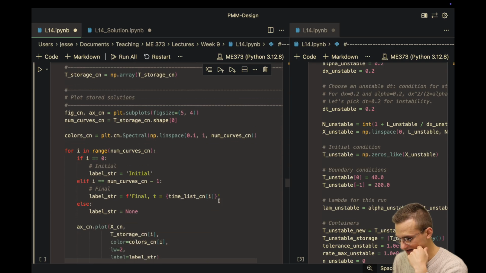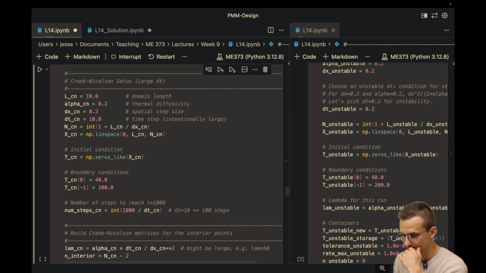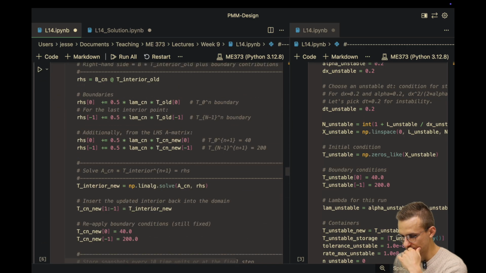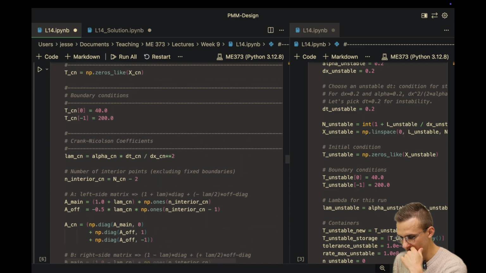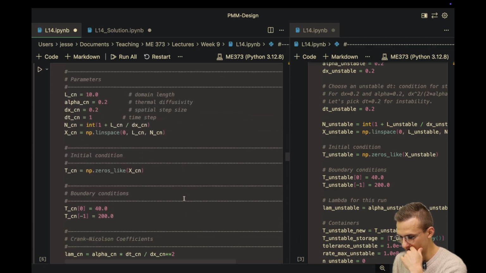It's a little bit more complicated. Like I said, the actual code might look daunting, but it's nothing that you should really worry about.